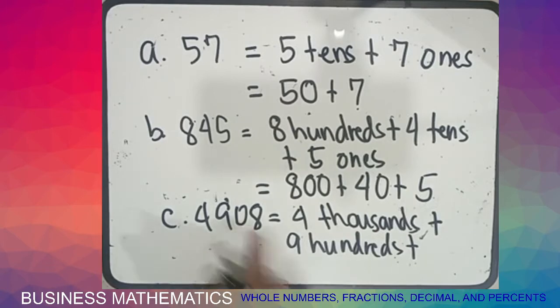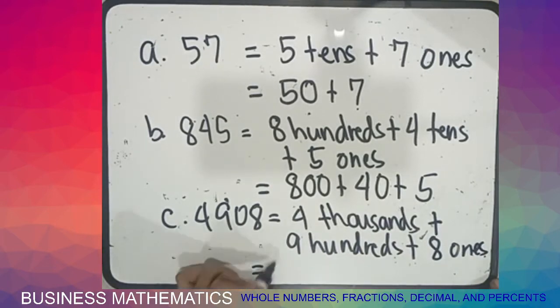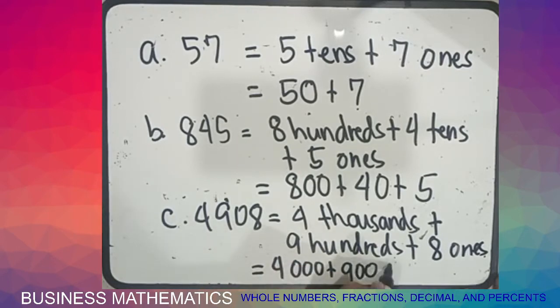So, magiging 8 na lang yung huli. So, 8 ones. Then, kapag sinulat natin siya, magiging 4,000 plus 900 plus 8. So, yan. Madali naman, di ba? Okay.